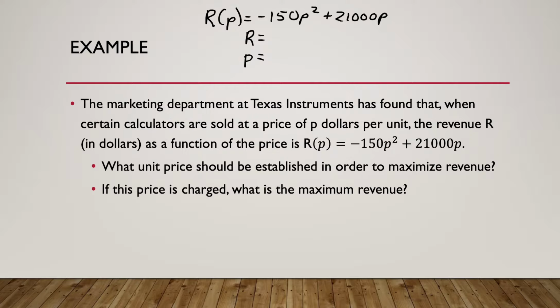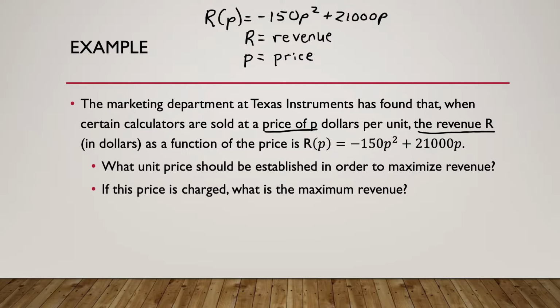It's fairly straightforward because here it says that the revenue is R. All right, and it says that the price is P. Now, the other thing that you need to realize is you need to determine which one is like the X and which one is like the Y.